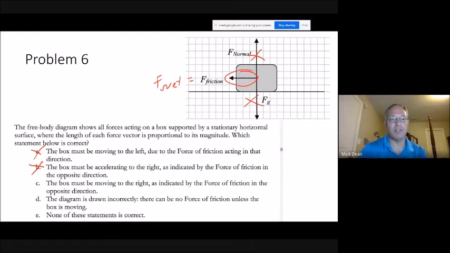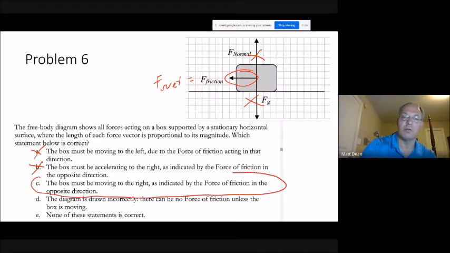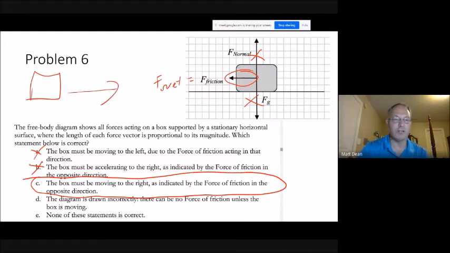Choice C: the box is moving to the right as indicated by the force of friction in the opposite direction. This might be counterintuitive to some of you, but this is the correct answer. So think of it this way. Maybe you've pushed a box to the right, and it's sliding across a floor that's fairly slick. After that box leaves your hand, you're not applying any force to the right.